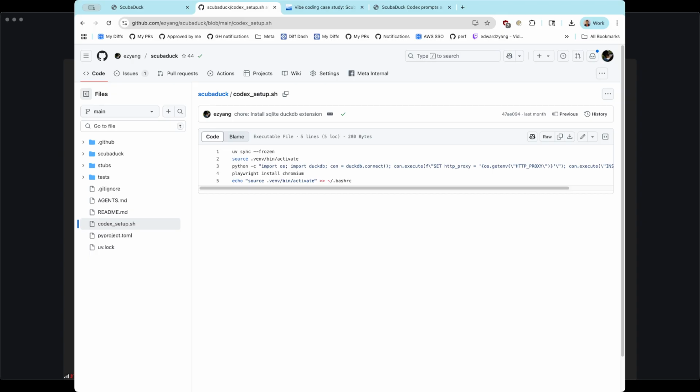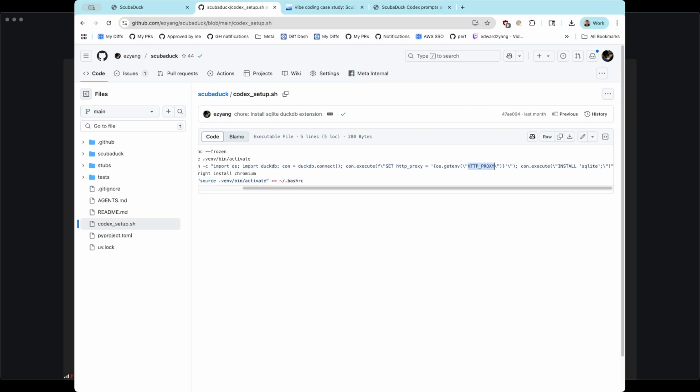Originally, someone told me that I could just source venv/bin/activate inside of the setup script, and that would work. It does not work. So you can see that later I added this line, which puts it in the bashrc. That's enough to get the environment in the agent. I don't know if they've fixed this since then, but this was something that I slowly figured out as I was going.